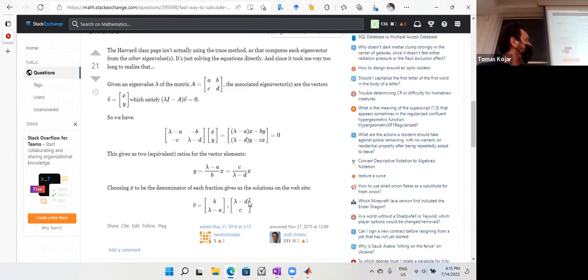I think I should, yeah. Let me remember this: 2 by 2 eigenvector formula in the sheet. Yeah, I'm saying to put in the final. I want to put this in.